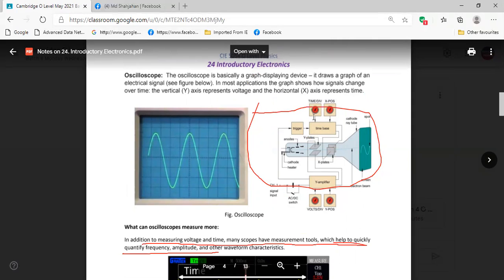Now oscilloscope, okay? Oscilloscope is a device where we show the electrical signal in a visual graph.